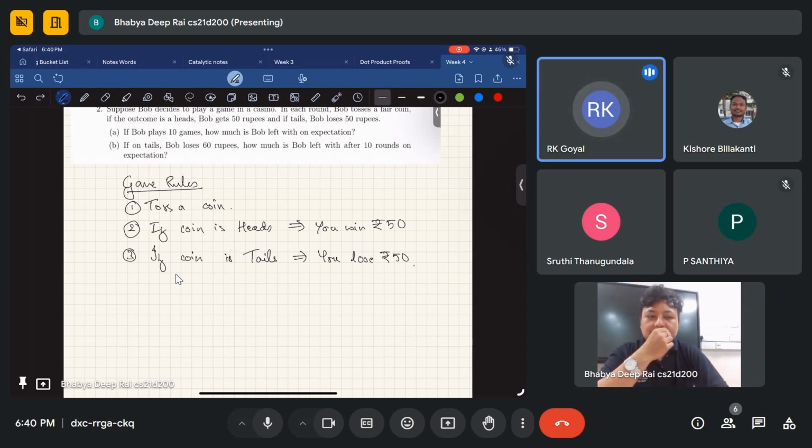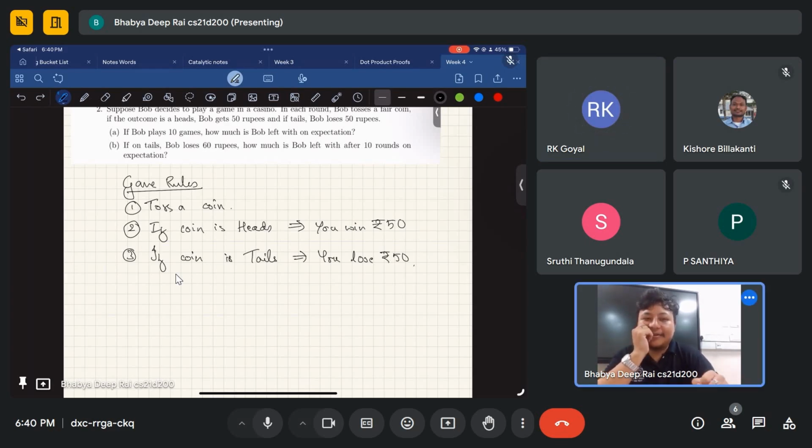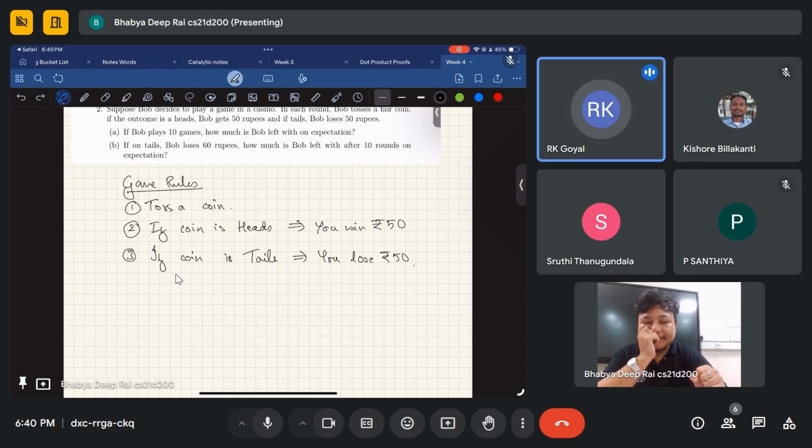The expectation of a single game would be that Bob would be earning 50 rupees with a probability of half, and losing 50 rupees with a probability of half again. So in one game, the expectation would be 0, as if he's not gaining anything. Now Bob is playing 10 games.